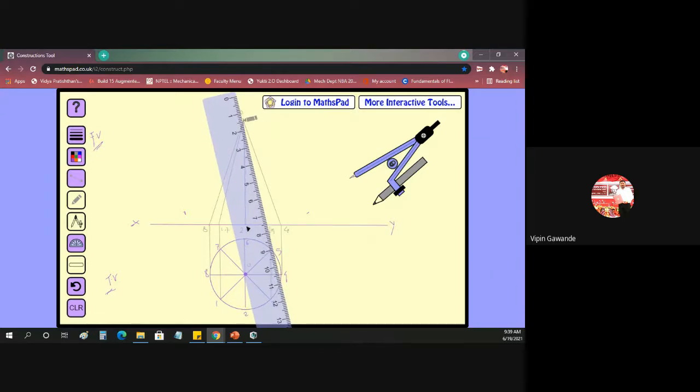So you see what I have done: I have drawn the triangle, and I have drawn the lines from the apex to the base points of the circle. These are the base points on the circle, and O is called the apex.